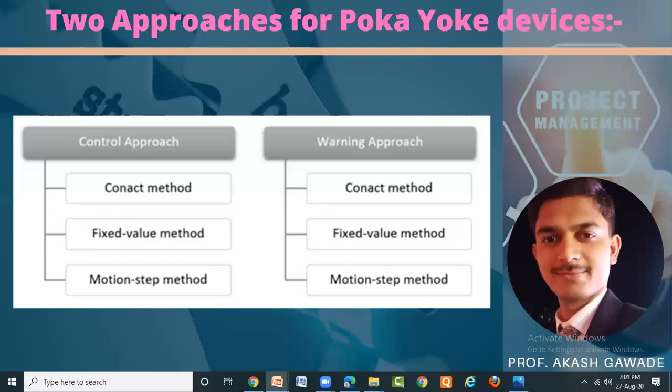It must put in exactly 4 holes. If you are installing a particular Poka Yoke device for such a method, then this is the motion step method. That means avoiding the extra or less movement of the employees.